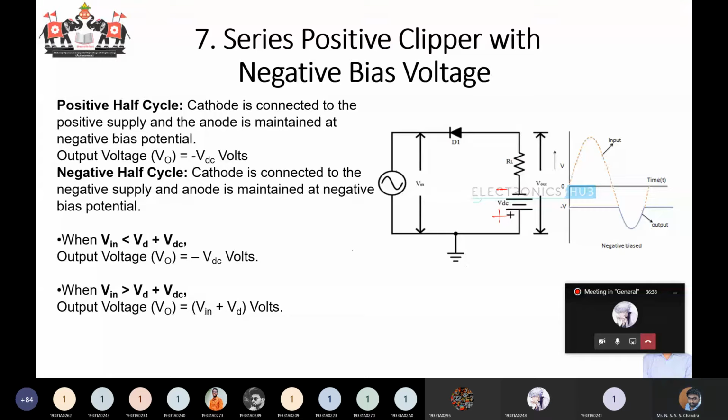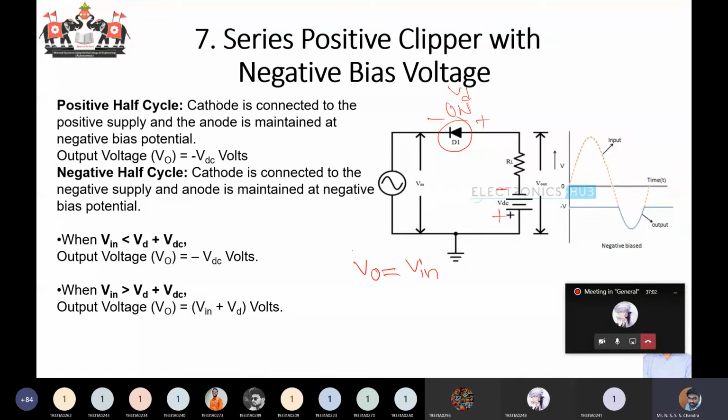So when the diode is conducting, when the diode is on, what will be your V0? V0 equal to V in minus VD.